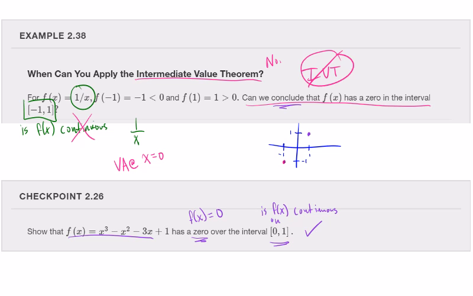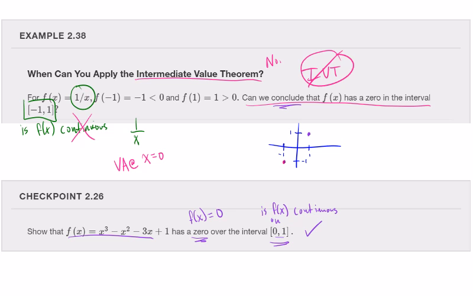Now we just need to find some points from 0 to 1 where we have a negative and a positive. The easiest thing to do, and usually what happens with these, is you just plug in 0 and you plug in 1, and hopefully you'll get a positive and a negative.